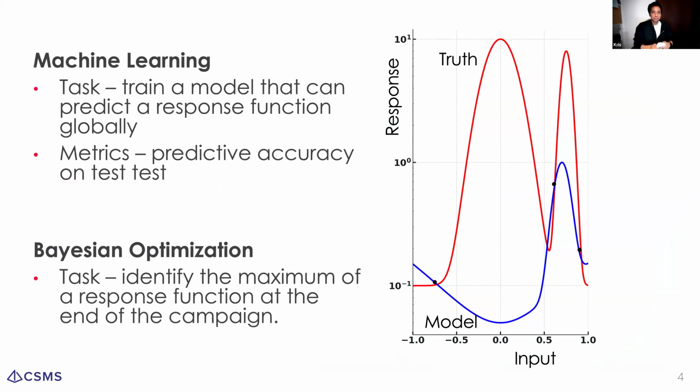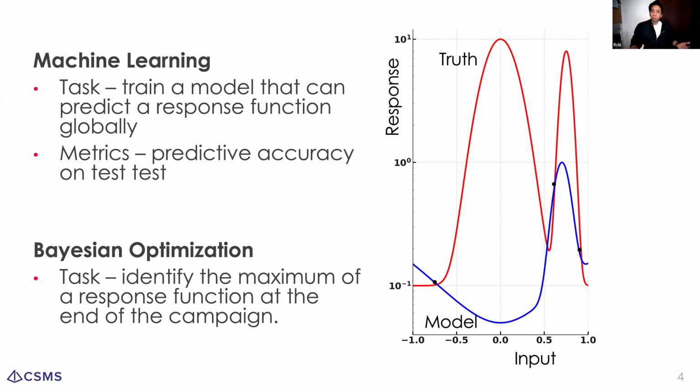So let's be specific about this. Machine learning: what is the task of machine learning? You're going to have data, and you're trying to train a model so that, based off of that data, you can predict values of that response in places where you've not seen data.